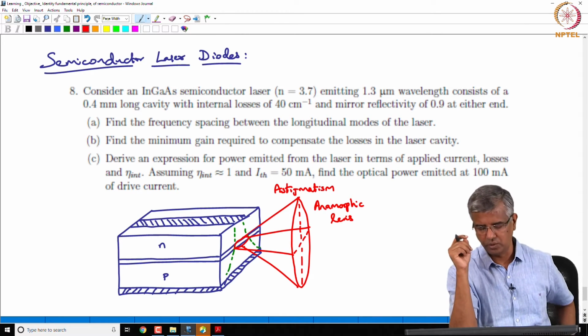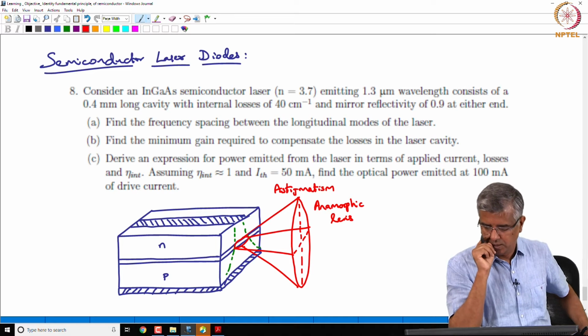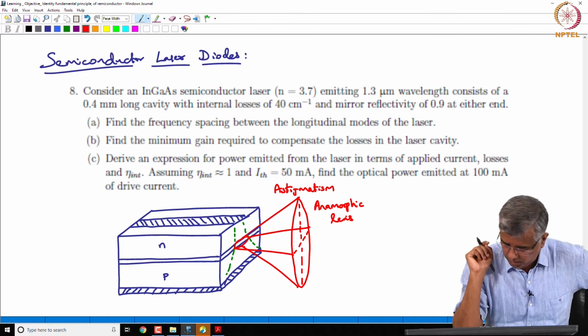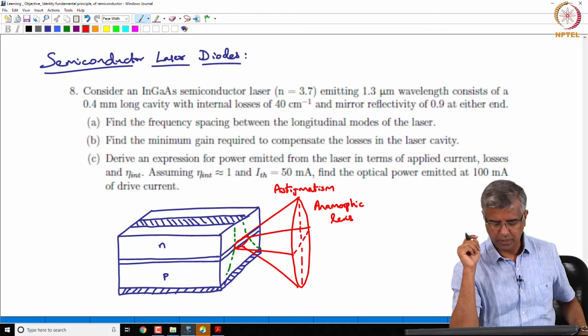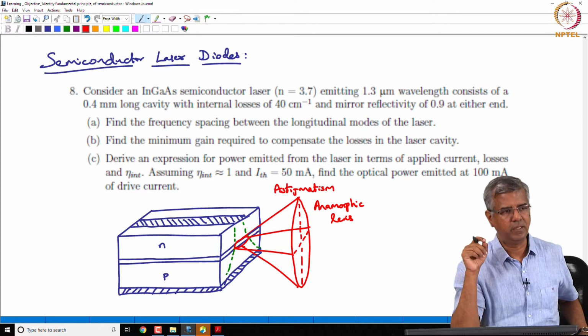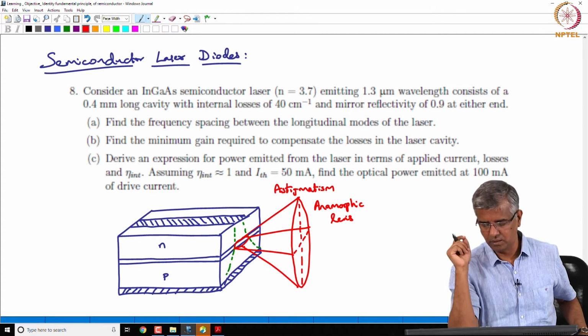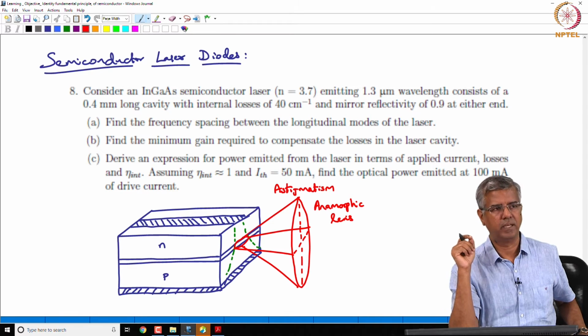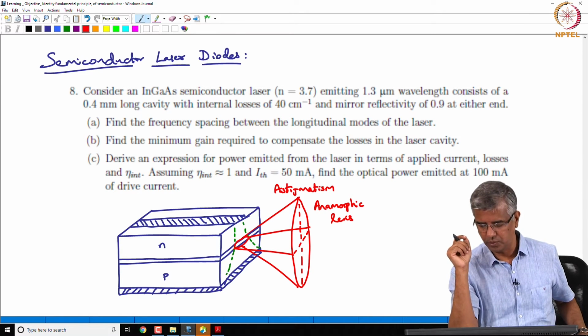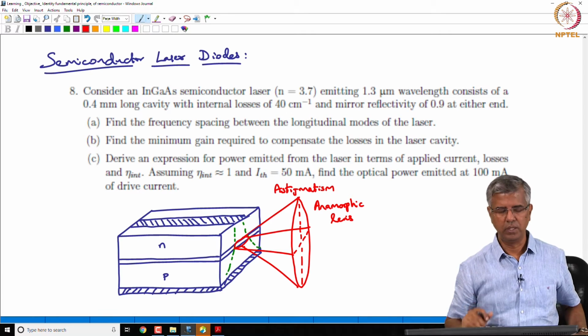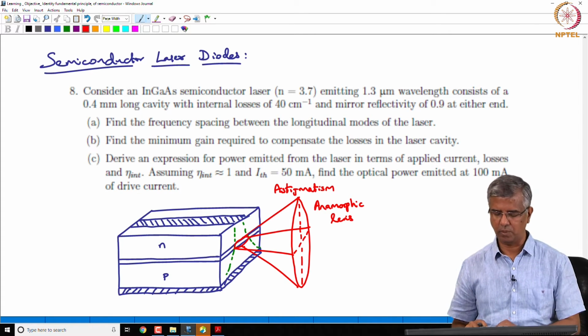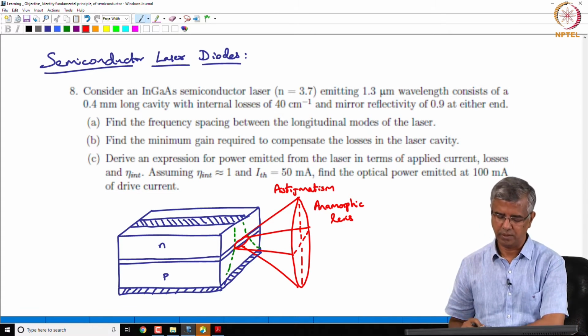So, you may want to have a circular beam. That is one property of all edge emitting sources: you typically have astigmatic light output, and you may need to correct for that astigmatism before coupling into the optical fiber.